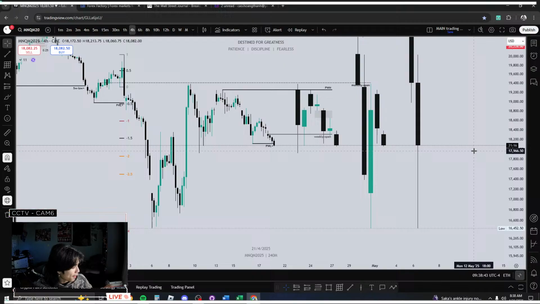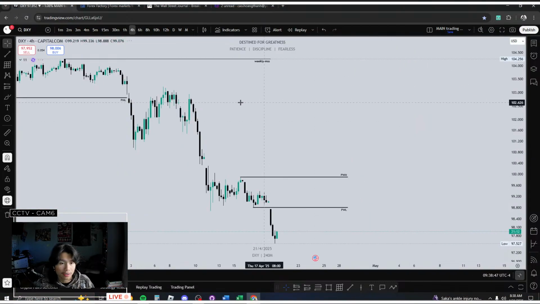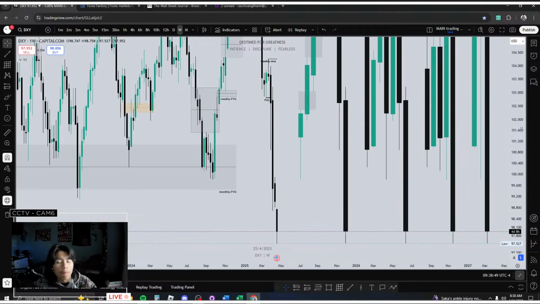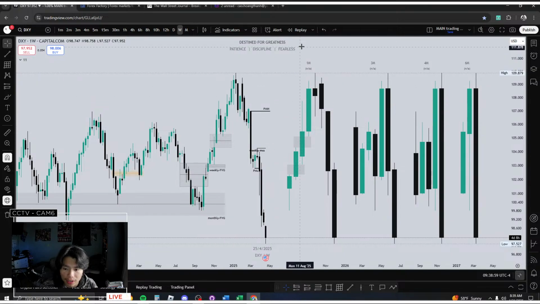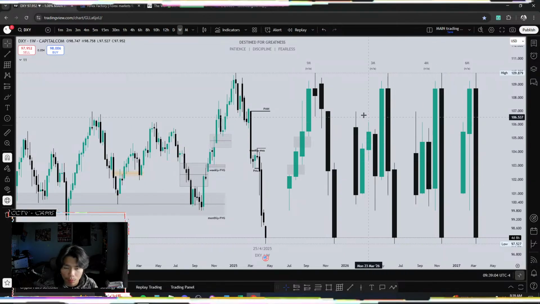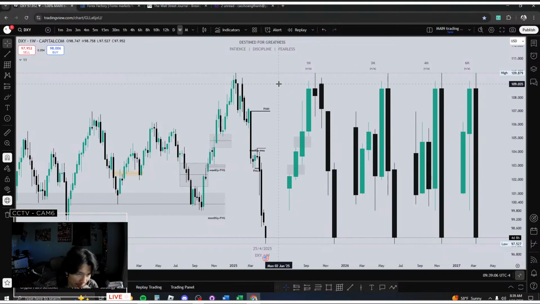And it's interesting, I do want to take a look at the dollar here. The dollar has been pretty bearish, and I mean we've been bearish for the past 4 months now, which is interesting.